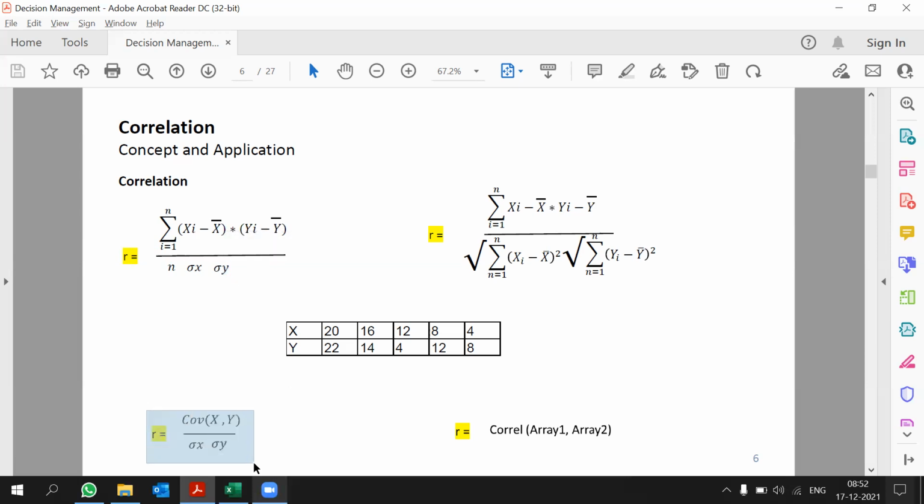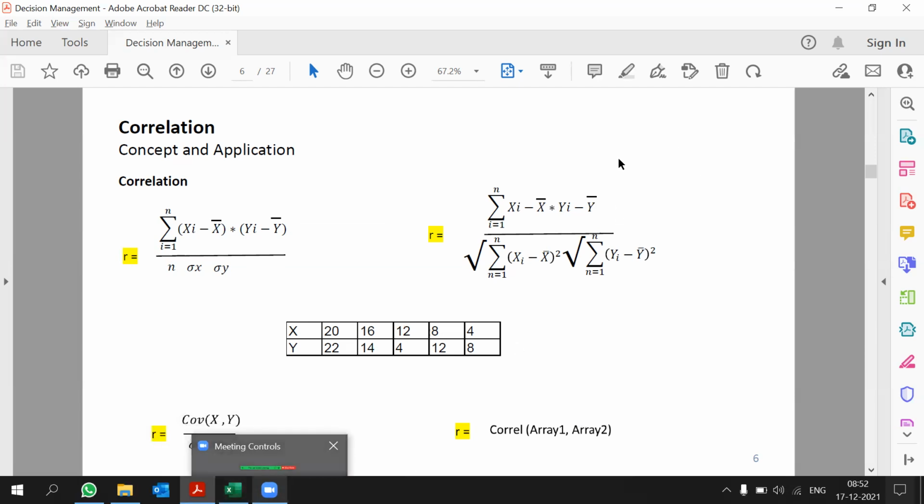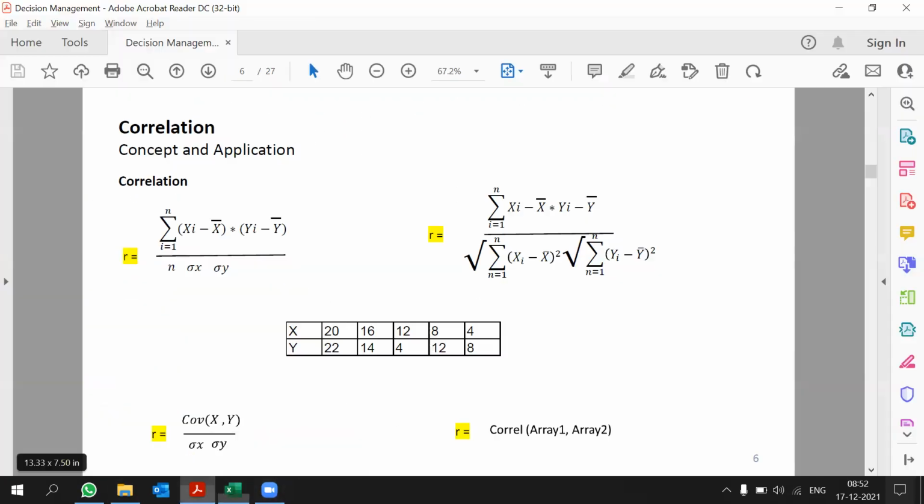The same formula is represented in many different ways. So we just have to remember this one: correlation equals covariance of x and y divided by standard deviation x and standard deviation y.